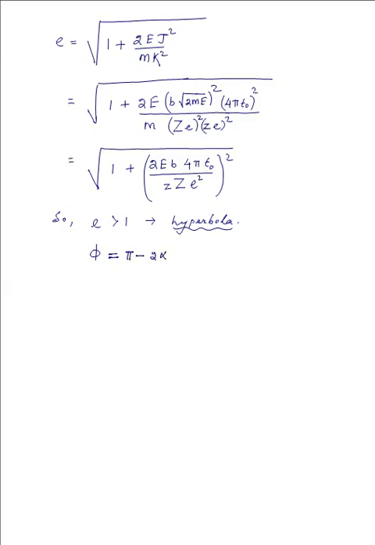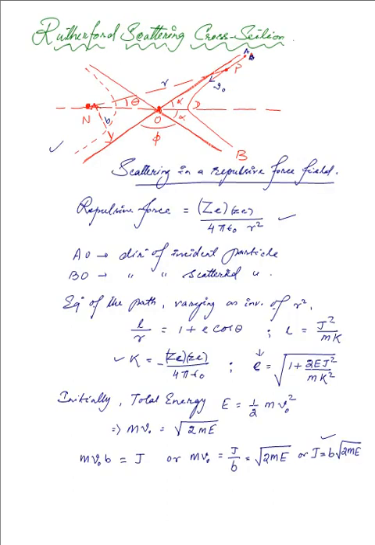So pi minus 2 times alpha, or we are getting the value of alpha to be equal to pi by 2 minus phi over 2. And alpha is obviously the angle between the direction of the incoming asymptote and the periapsis direction, if you would like to have a look at it, that we had considered.